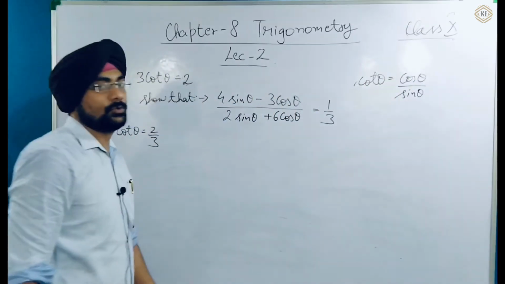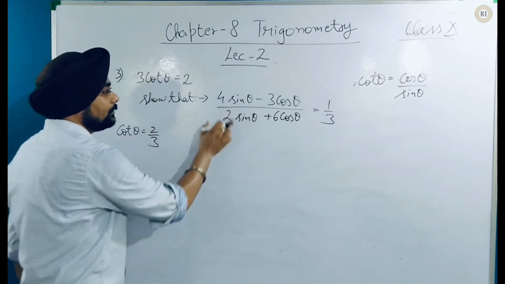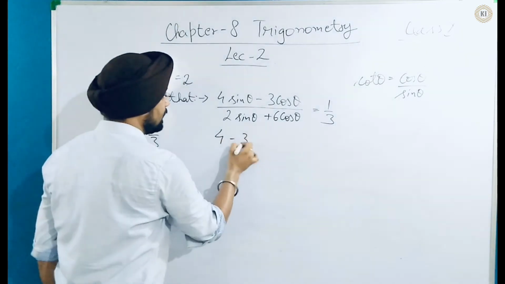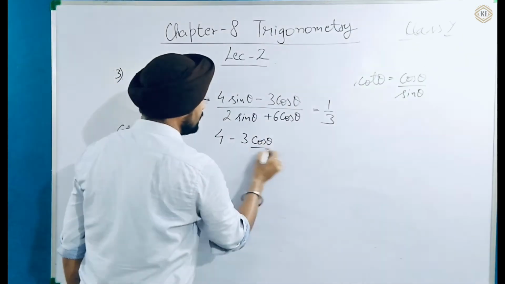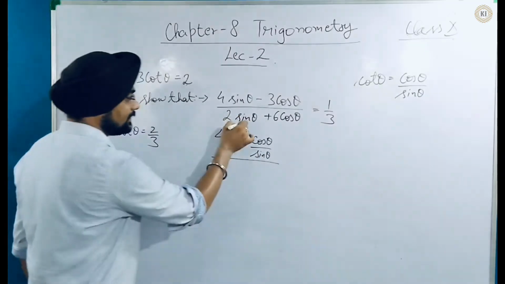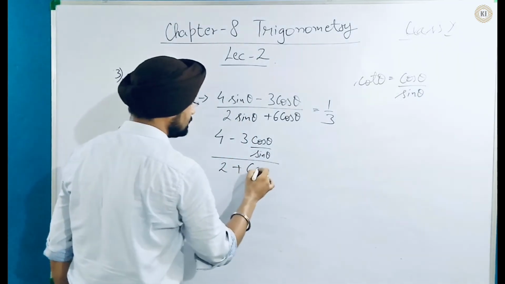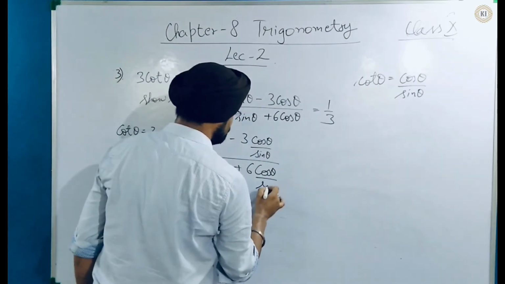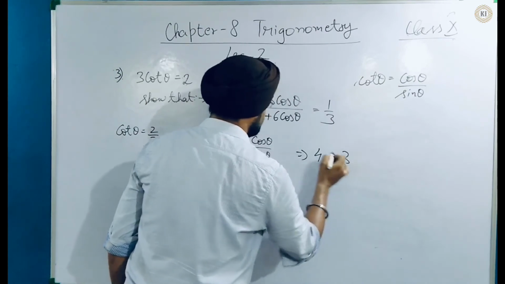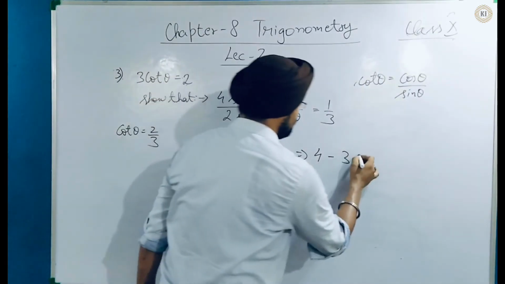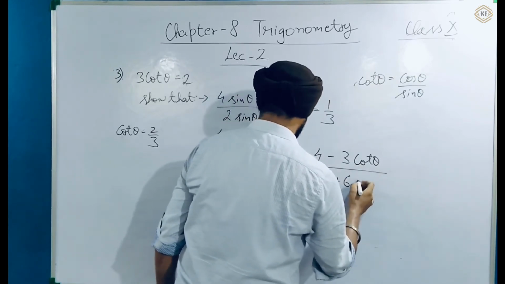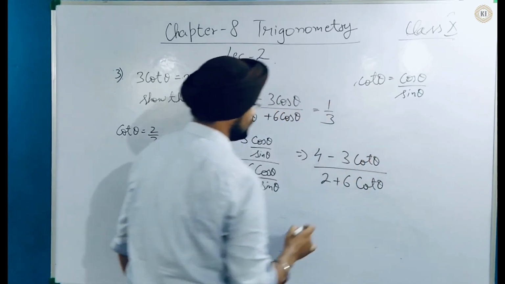So if we divide numerator and denominator by sin theta, it becomes 4 minus 3 cot theta upon 2 plus 6 cot theta.